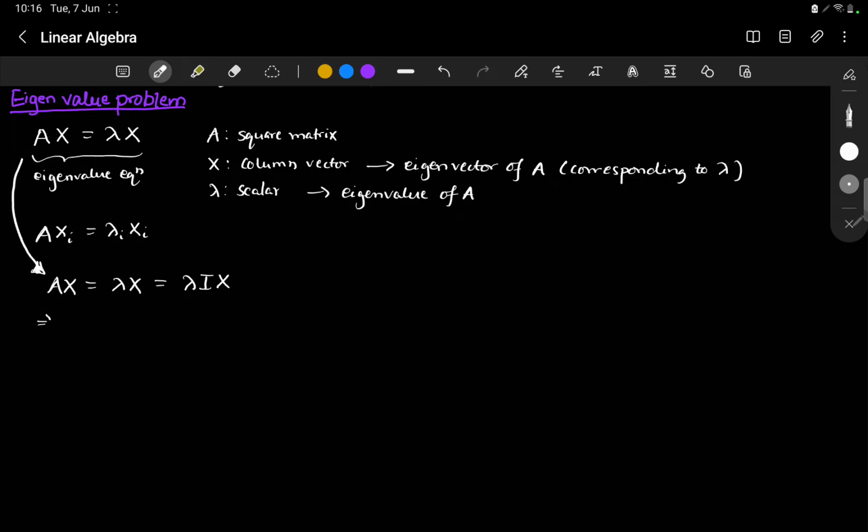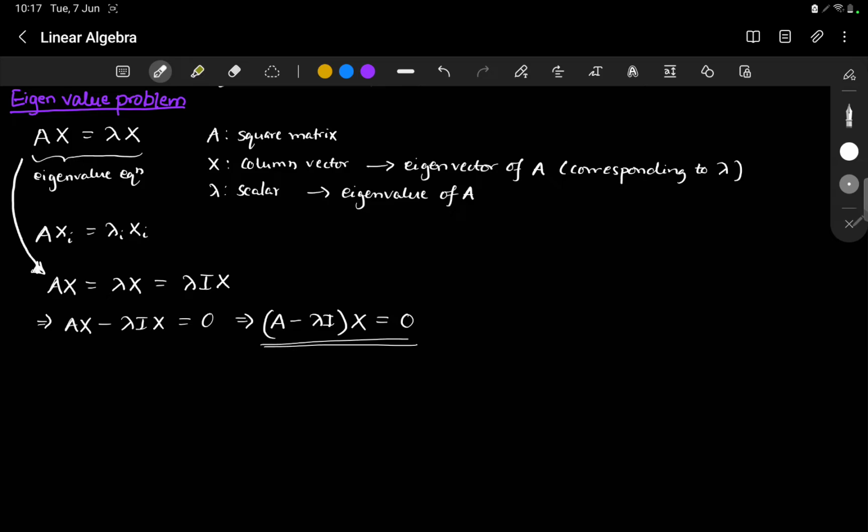Then let us rearrange. This 0 is the column vector 0. So we get this equation.